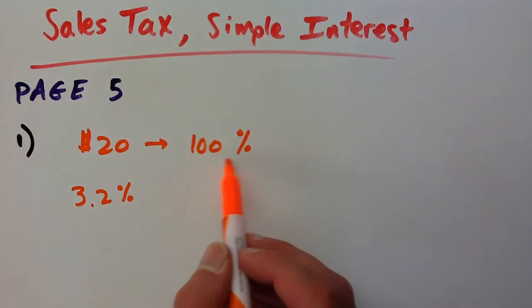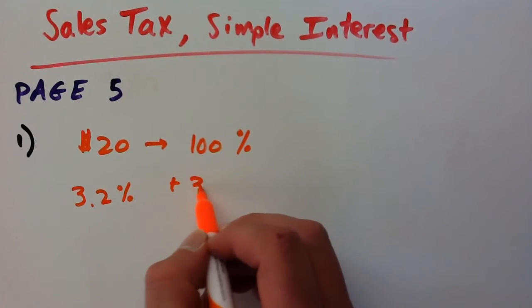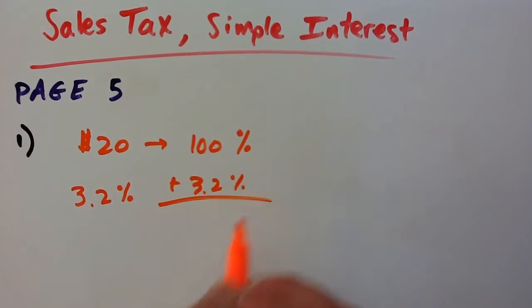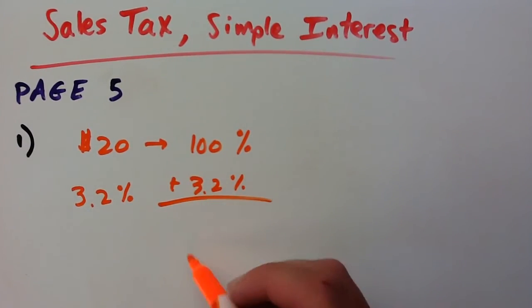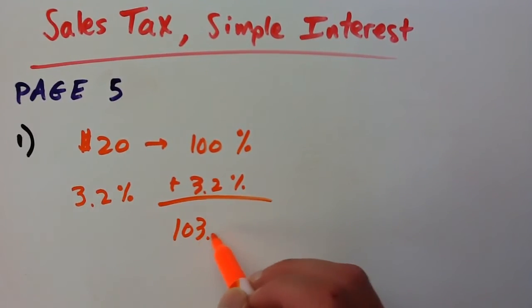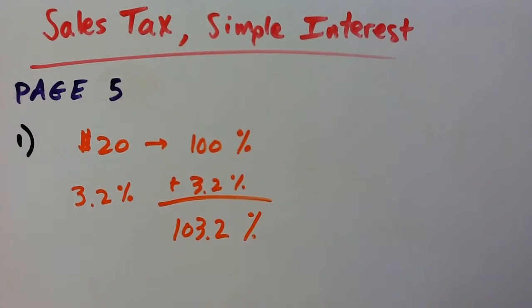3.2%. So you're paying the cost plus 3.2% in sales tax. So 100 plus 3.2% is 103.2%. You're paying 103.2% of the original cost, or times the original cost. You got to make the percentage a decimal so that you can multiply by the original cost.